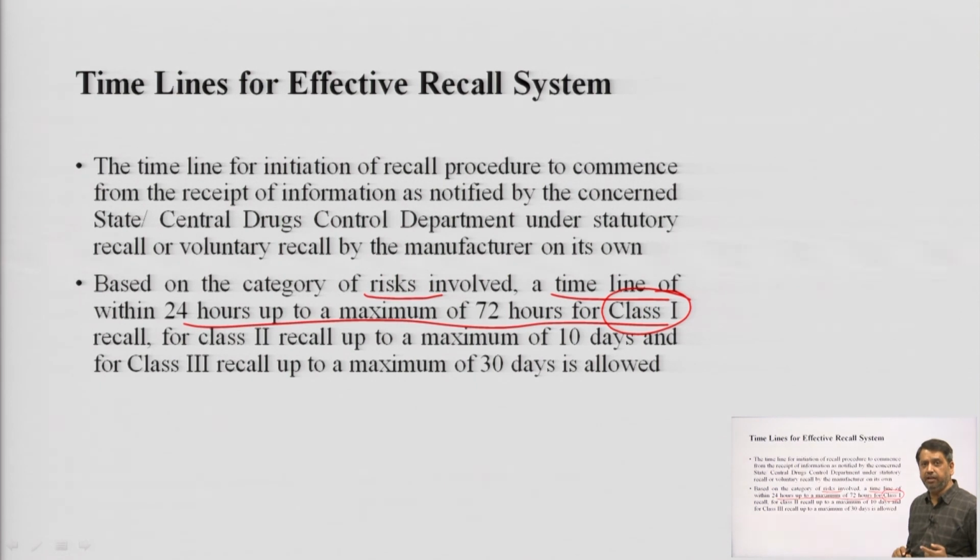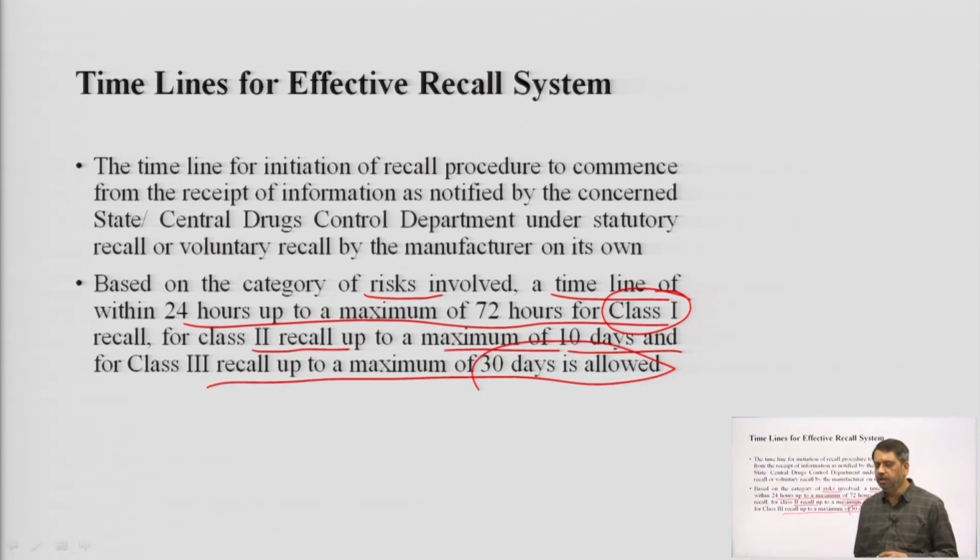Class 1 recall is initiated because of a very serious therapeutic or side effect occurring in the patient. That is why this kind of product should be immediately withdrawn within 24 hours up to a maximum of 72 hours. Whereas, a class 2 recall is allowed up to a maximum of 10 days and a class 3 recall up to a maximum of 30 days. So, these are the timelines for an effective recall system.